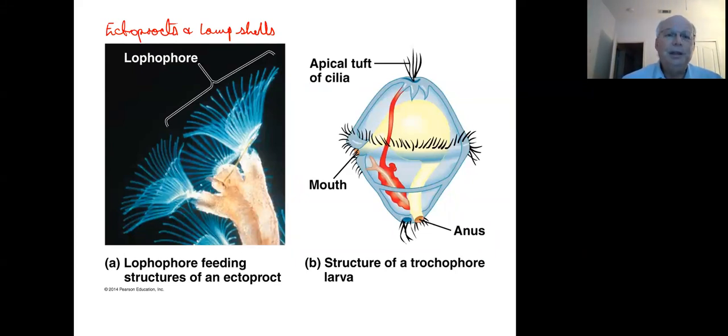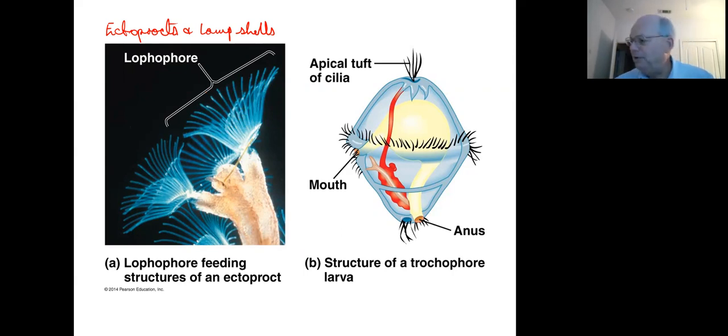So the ectoprocts and lamp shells share this common feature, this feeding structure called the lophophore, which basically has a whole lot of these tentacle-like arrangements with lots of cilia on them that wave around and set up water currents that draw food into the mouth of the animal, which is at the base of the lophophore. So this is for feeding.